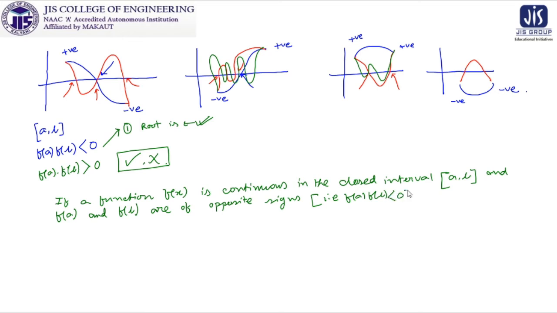We are not interested in the individual signs, but ultimately their product has to be less than 0.